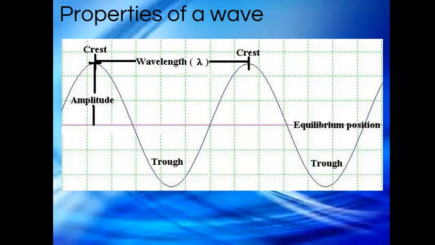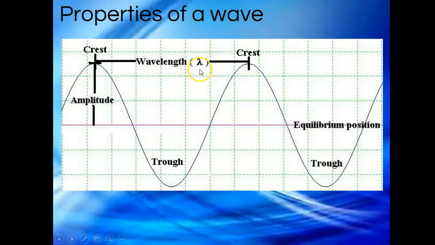Properties of a wave, let's review that. We have the amplitude from the crest to the rest. We have the wavelength, which goes from crest to crest or trough to trough in a transverse wave. As we look at this slide, we can see two of our properties: amplitude, and also wavelength. This symbol right here is the symbol for wavelength.